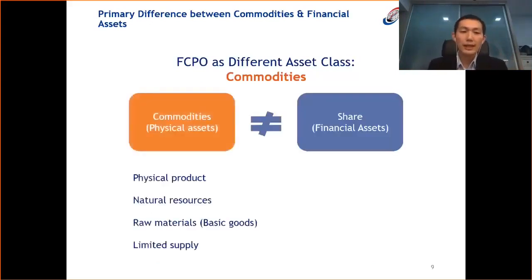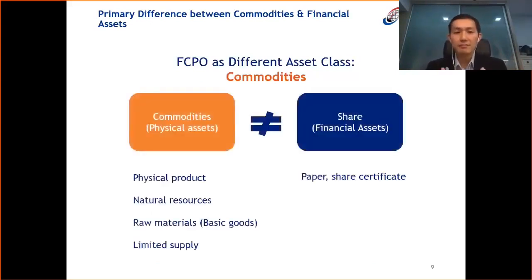So here we can see that the commodities asset class is entirely different from the financial asset class. Financial asset classes are like equities, the stocks or shares that you trade in the stock market. And FKLI is also considered a financial asset, an equity asset class. Whereas FCPO is a commodity.